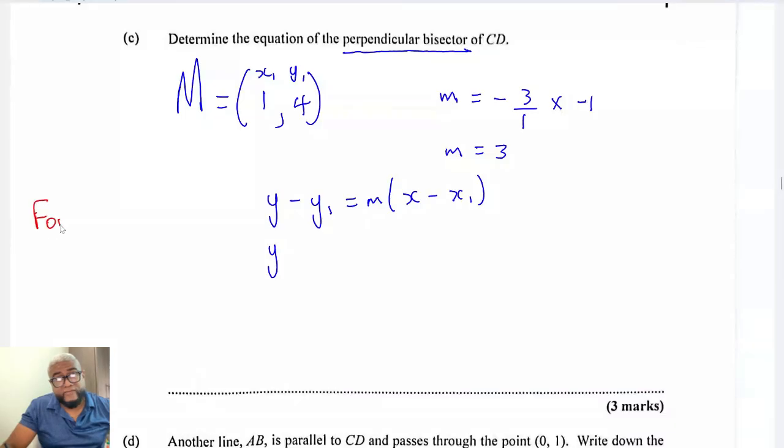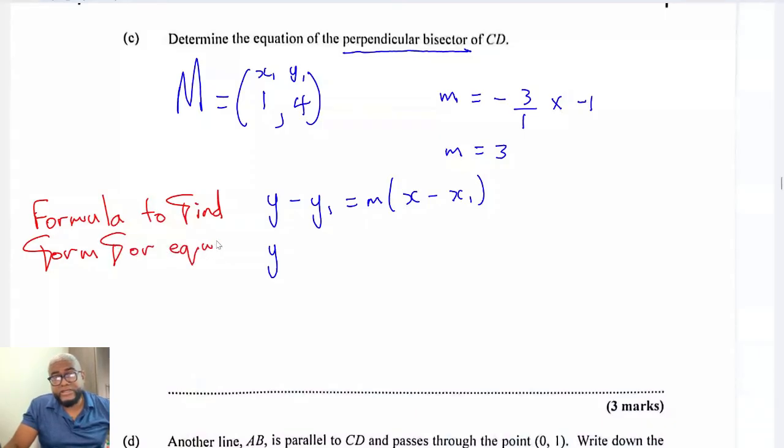So this is the formula to find the form, right? And I'm going to put the form for the equation of a line, right? And that form is y is equal to mx plus c, right?